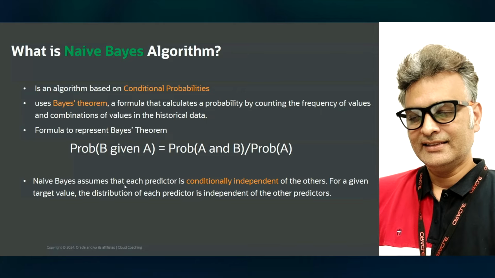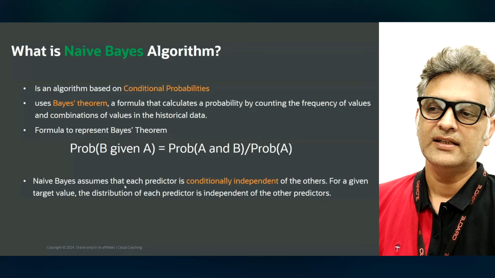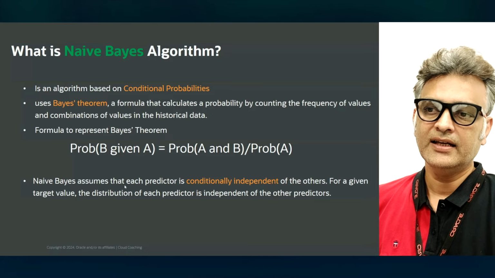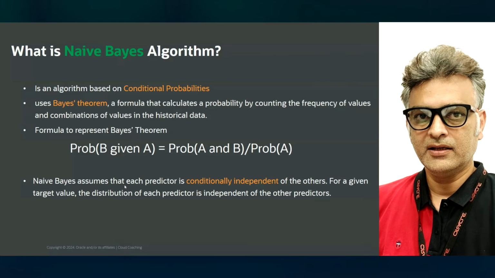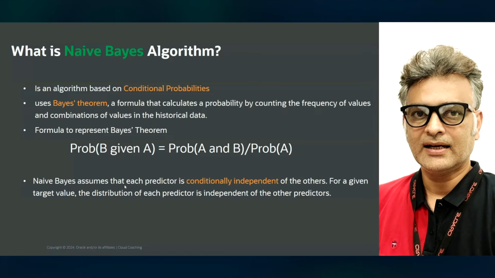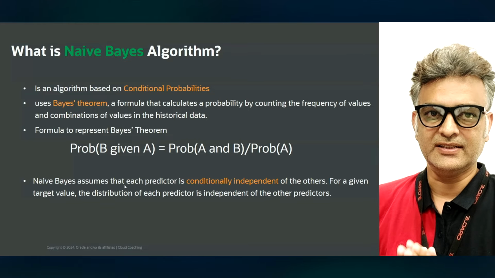Let's say I have a data set of 100 customers, out of which 25 are under the age of 30 and have also bought a car. So the probability of a customer buying a car and being under 30 would be 25 by 100, which is 25%.